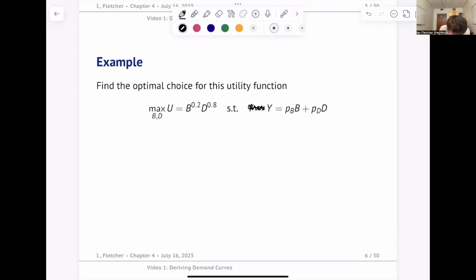So let's do it the first way. Let's set MRS equal to MRT. If we remember, the MRS is the marginal rate of substitution, so this is going to be the negative ratio of the utilities of the two goods.